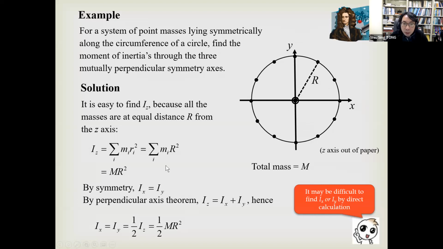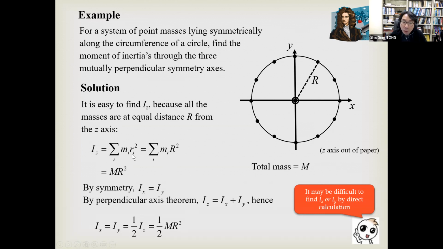First we consider the moment of inertia about the Z axis, which is pointing out of the page. If you consider the Z axis, you can see all these point masses, no matter where they are located, are all at equal distance from the axis. And that distance is of course the radius of the circle, because they lie on the circle.